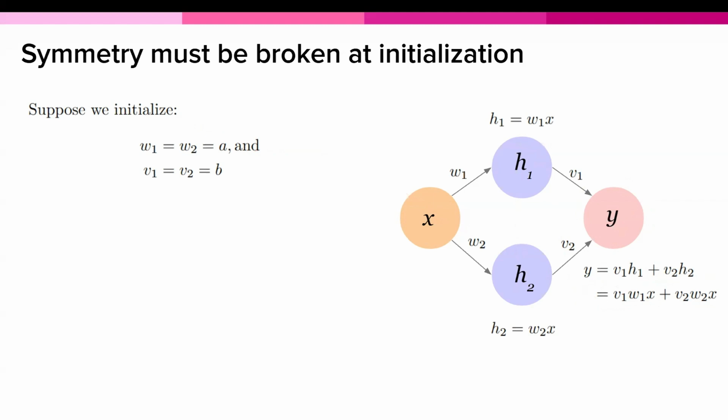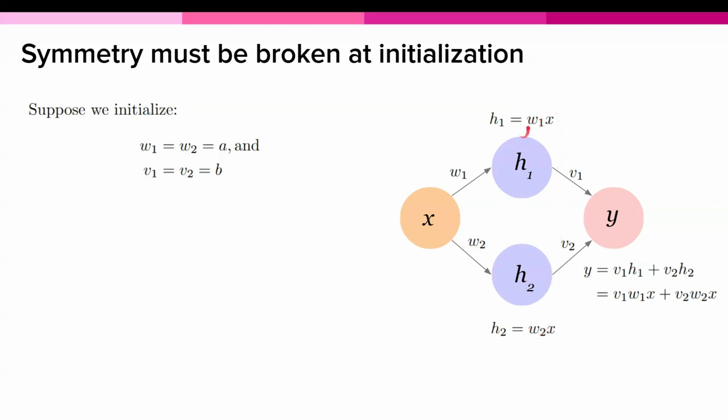Let's say we set the weights for both hidden units in the first layer to some constant value, so W1 and W2 are some scalar A. And then initialize the weights on the output connections to the same value as well, so V1 and V2 are some B. What this means is that during the forward pass, both of these hidden units are going to compute the same value.